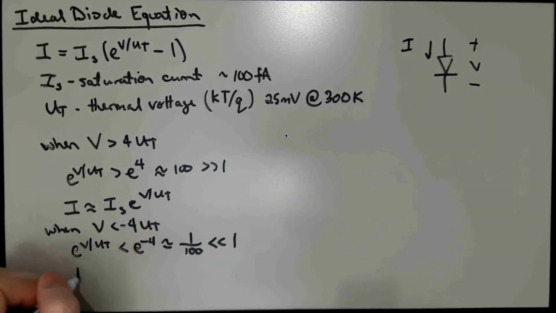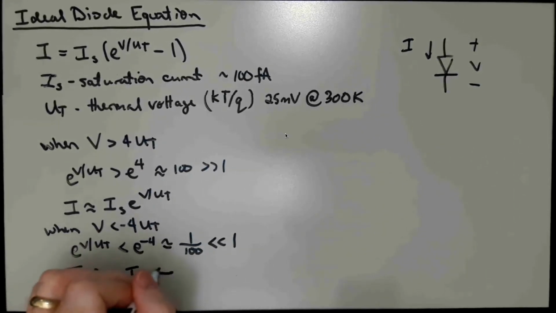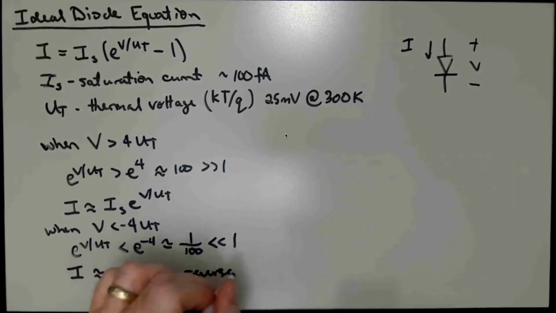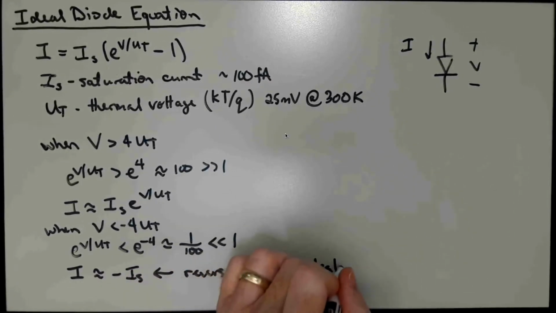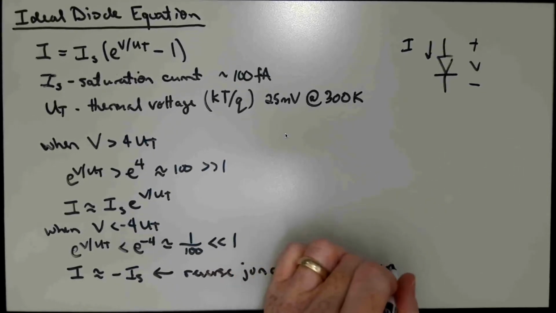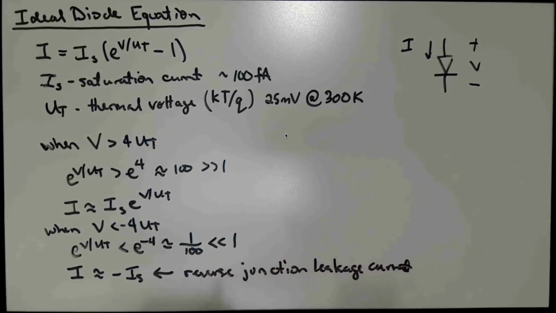And so I is approximately just minus I sub s. And this is the so-called reverse junction leakage current. At the end of last time, we suggested that this was a function of thermal generation events in and around the depletion region, and those electron-hole pairs being swept apart by the enhanced electric field created by the reverse bias condition on the junction.